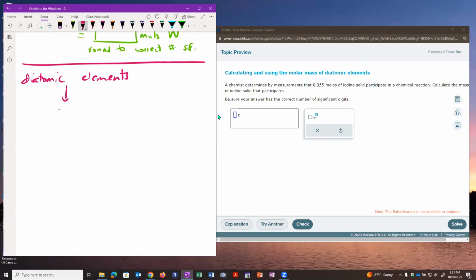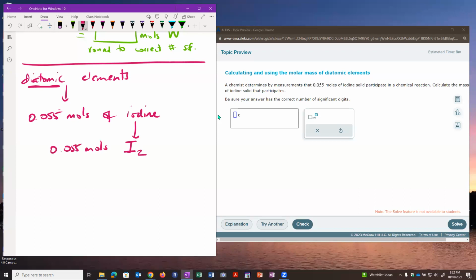We're told that 0.055 moles of iodine participate in a chemical reaction. The iodine here, chemical symbol I, as a diatomic element, exists as I2, meaning 2 atoms for every molecule of iodine. And we have 0.055 moles of this.